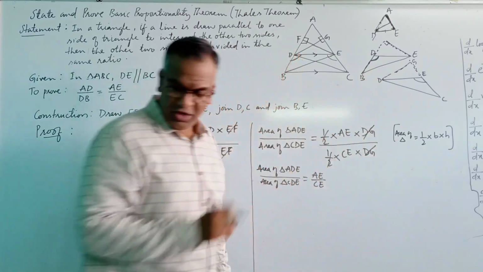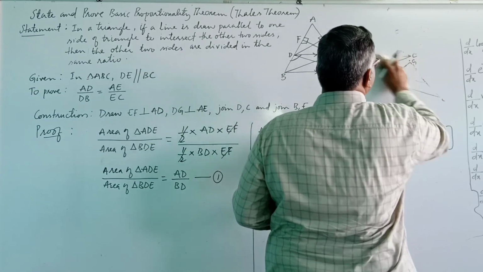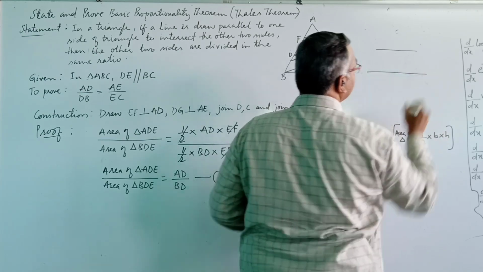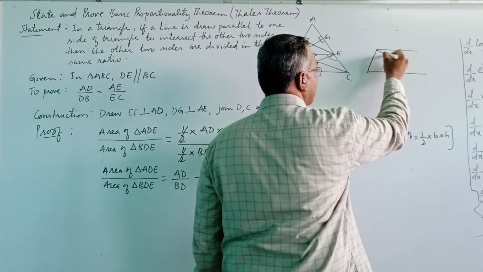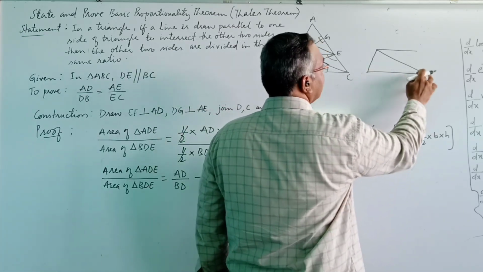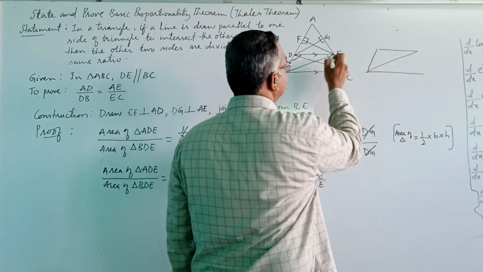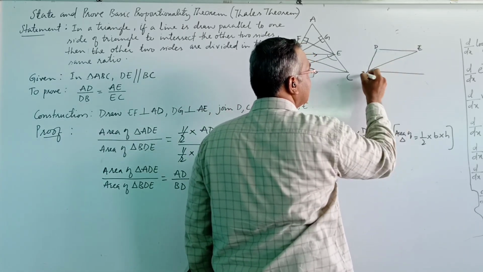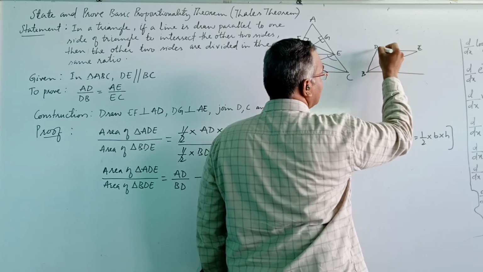Now, there is a theorem in 9th standard we have already studied. Between two parallel lines, if you draw triangles, like for example here is a triangle, this is the triangle BDE, and DE is a common side, and again another triangle is drawn, this one.